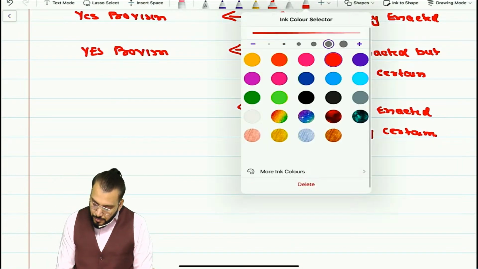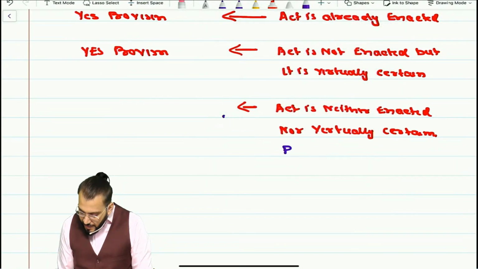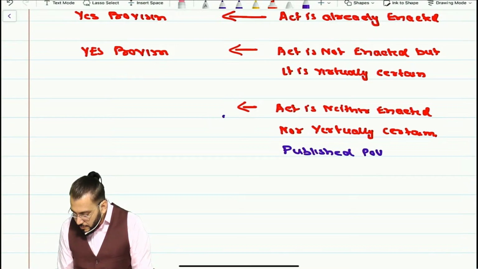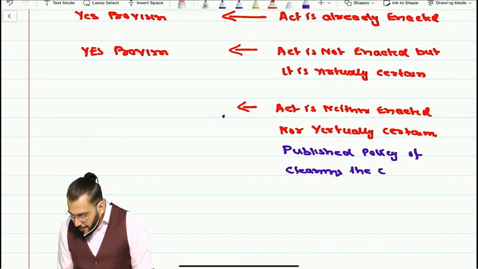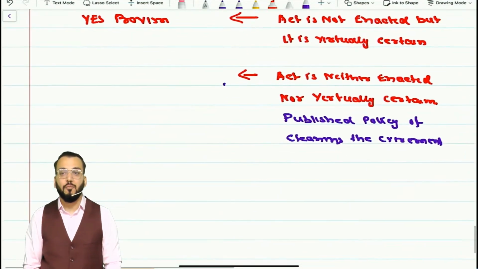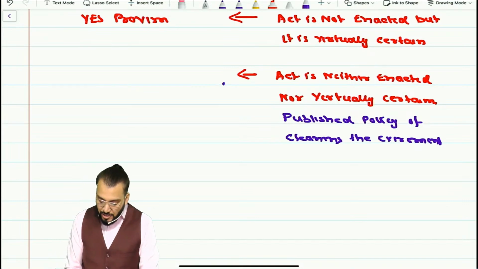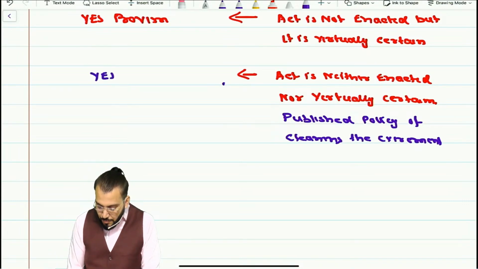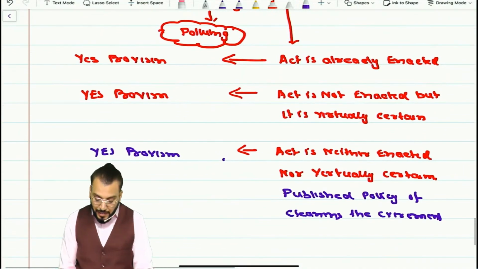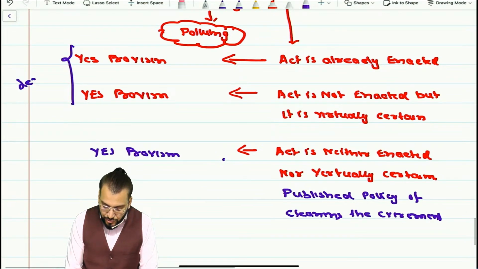But the entity has a published policy of cleaning up the environment. Understood? Should they create a provision? Yes or no? Now it comes under which obligation? Constructive obligation. The first two are what? Legal obligation. These are legal obligations. This becomes a constructive obligation.